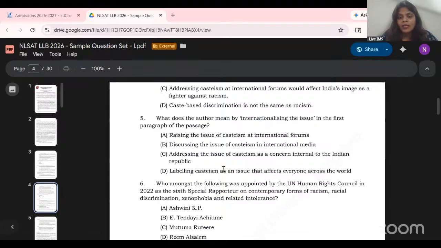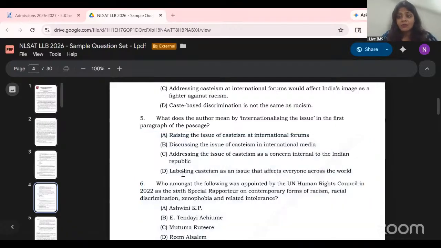So, labeling casteism as an issue that affects everyone across the world is not clearly stated. Through highlighting the issue at international forum, we are trying to draw attention, we are trying to raise this issue, bring it to notice.